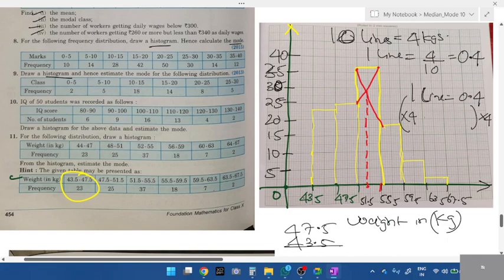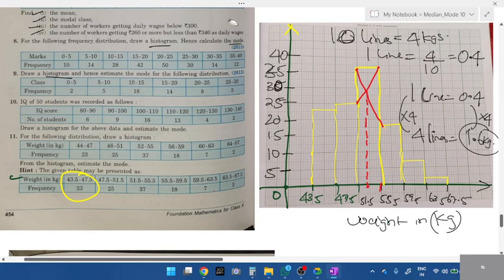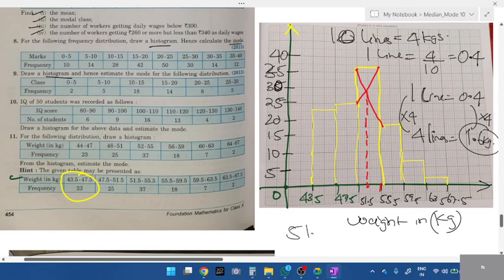So 4 lines is equal to 4 into 0.4. So 4 lines is what in kgs? 1.6 kgs, right? Now you're not supposed to add 51.5 plus 4. You should add 51.5 plus 1.6.